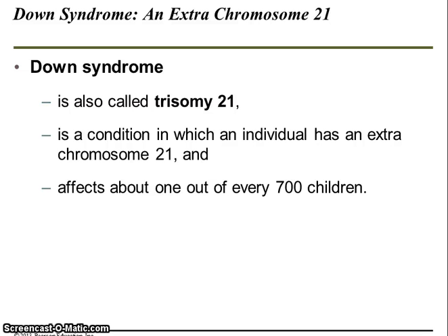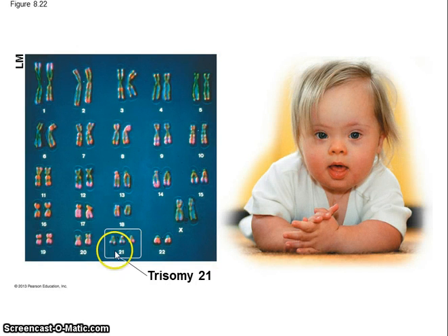Down syndrome is the only non-disjunction that is non-lethal other than with our sex chromosomes. So in this case, what happens during Down syndrome is you've got an extra copy of chromosome 21. So here's the trisomy, you've got 3 copies, there's an extra.